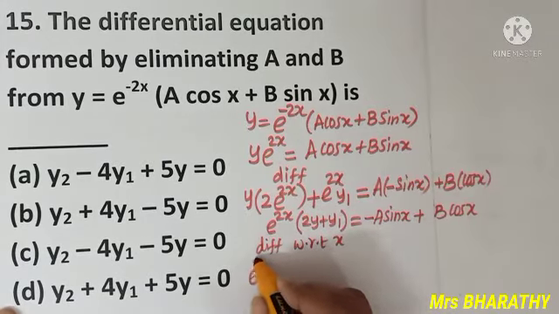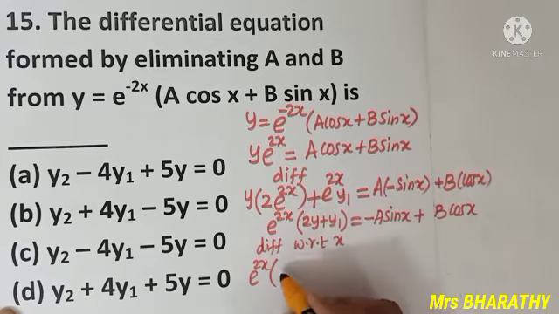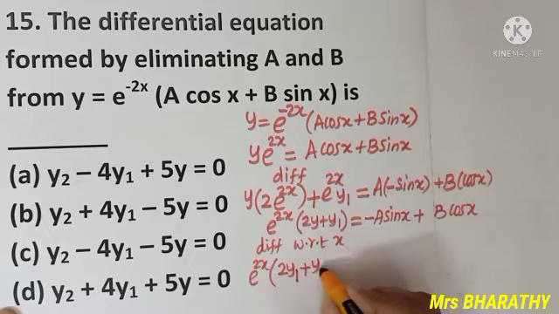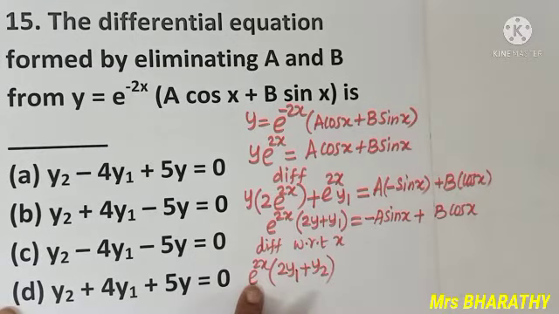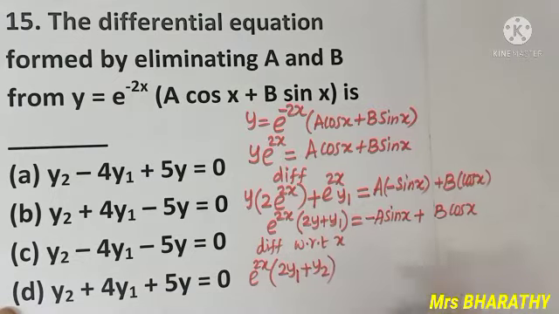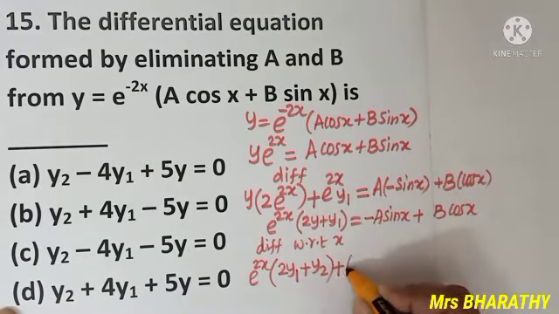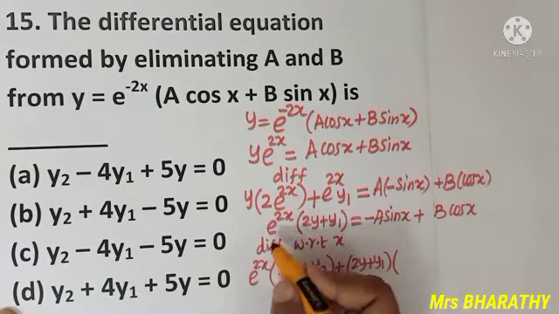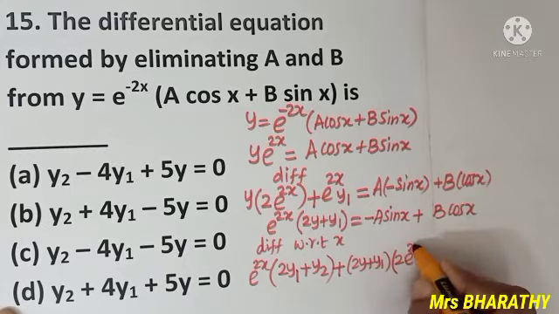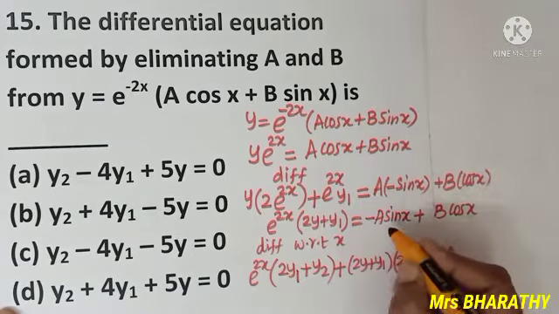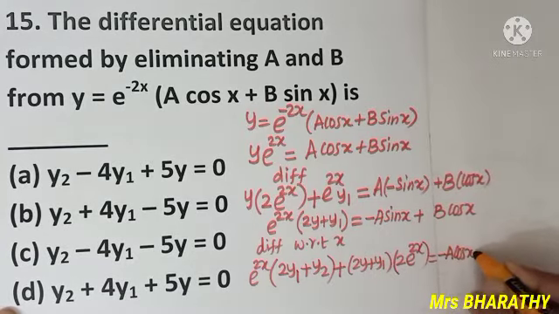Keep e power 2x, 2y will become 2y1 plus y1 will become y2. So keep the first term, differentiate the second term. 2y becomes y1, y1 becomes y2, plus keep the second term 2y plus y1 into e power 2x will become 2 e power 2x. RHS, a with negative symbol, sin x becomes cos x plus b into cos x becomes minus sin x.